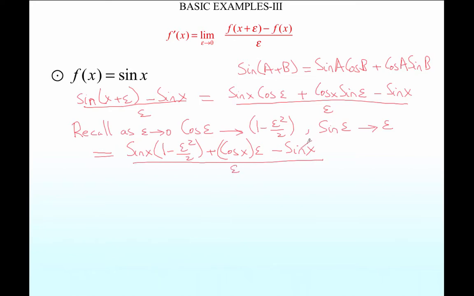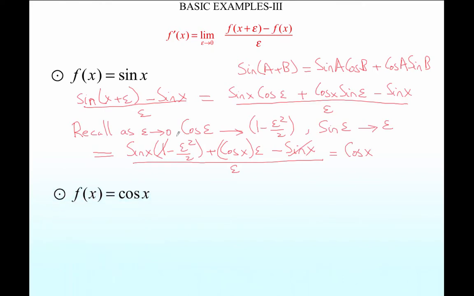Now this sine x cancels with this sine x. Epsilon squared can be neglected compared to epsilon, and so we get cosine of x into epsilon over epsilon, and that's cosine of x. Therefore, the derivative of sine of x is cosine of x.